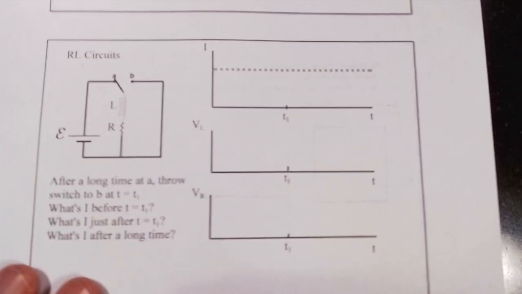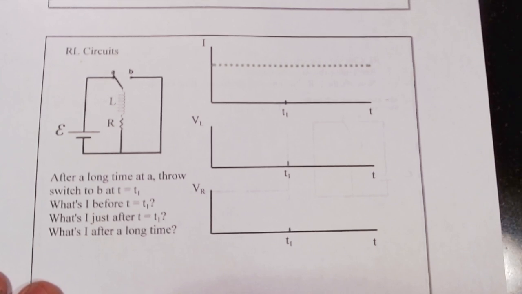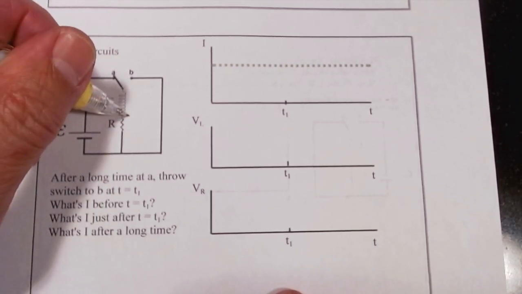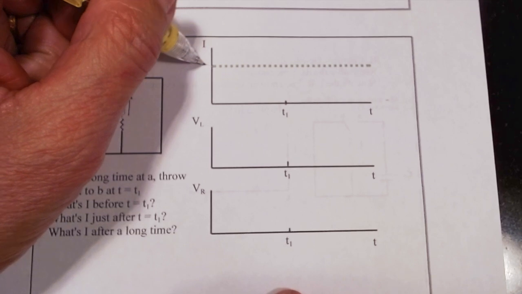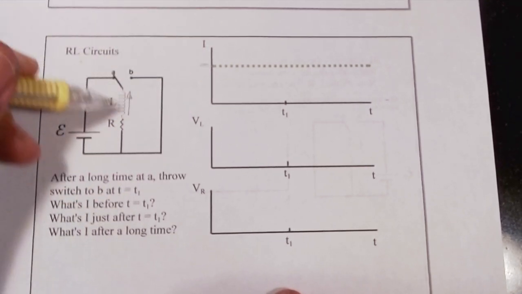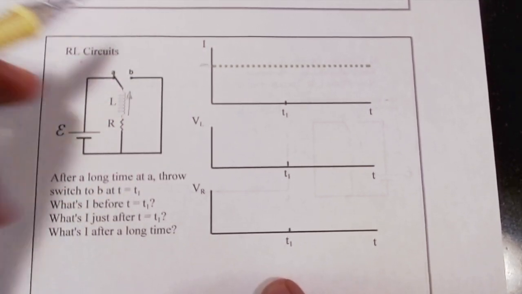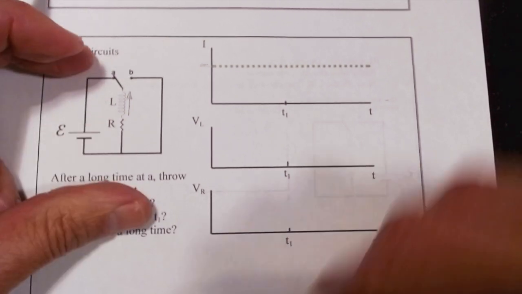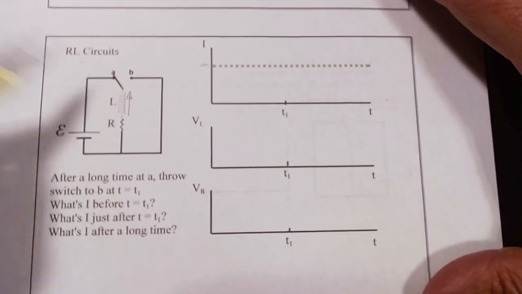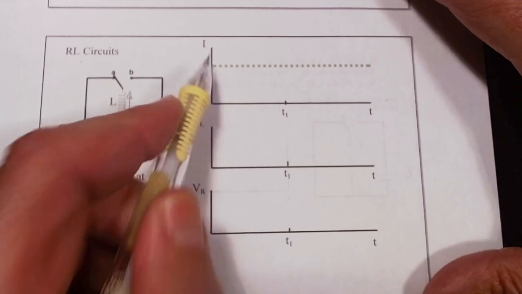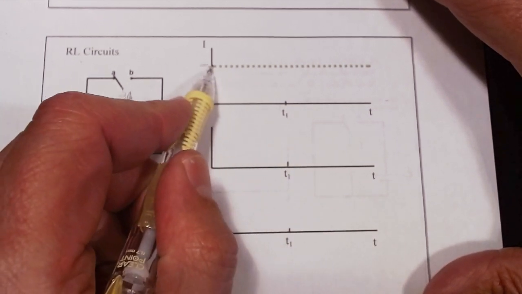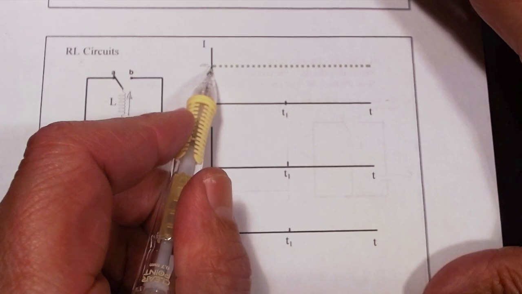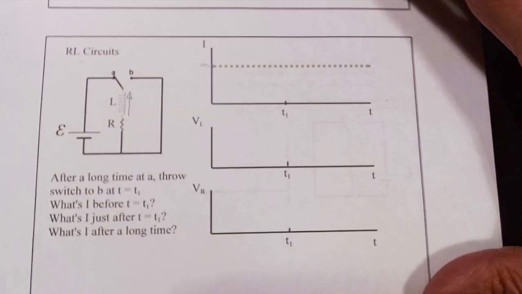Now let's look here at the RL circuits. And okay, we've got a lot of current at the beginning. Remember, at the very end, the inductor's acting like a wire. So at the very beginning, that current can't change quickly, right? But it can start to decline. Oh, I'm sorry.